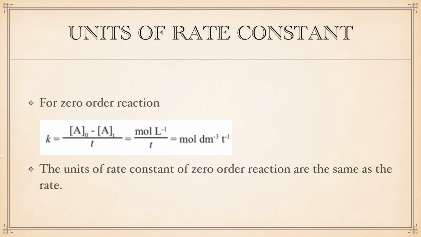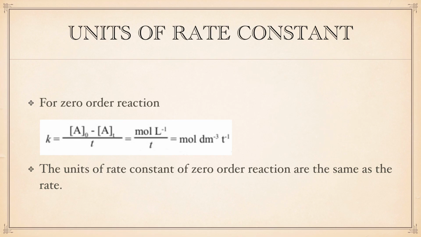Next, we'll see the units of the rate constant for a zero order reaction. The equation for a zero order reaction is given by k is equal to initial concentration minus final concentration upon t. So simply we can say that if I want to find out the unit, it is nothing but concentration upon t, that is concentration time inverse.